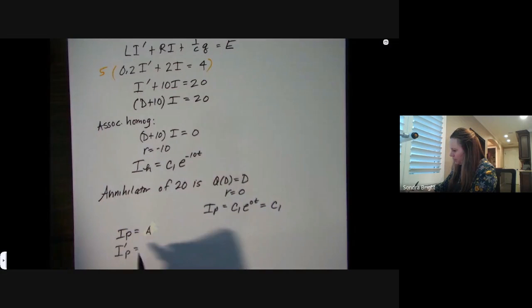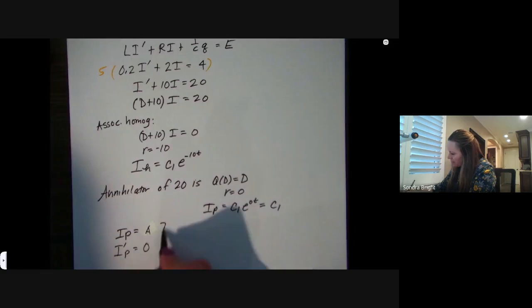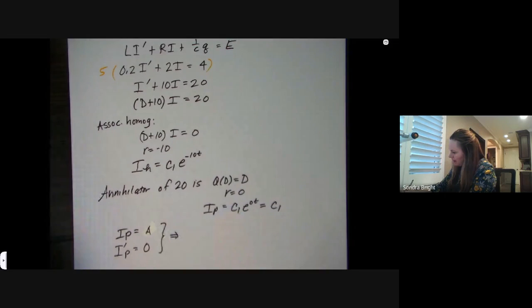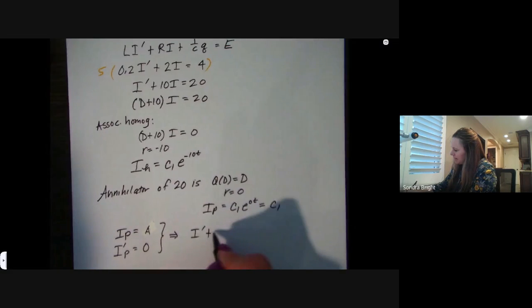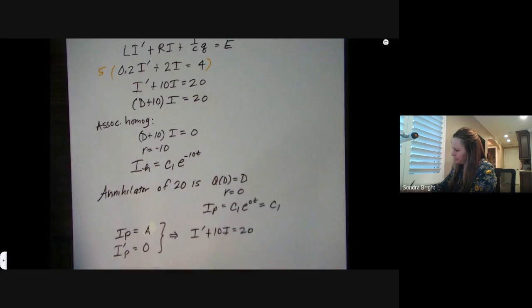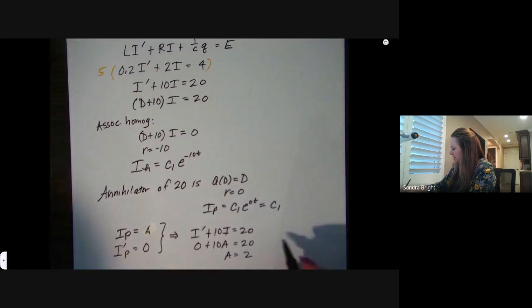And when I put those together and plug it into my I prime plus 10I equals 20, well, that'll give you 0 plus 10A equals 20. And so your A ends up just being 2, which just gives us that the particular solution is just 2.